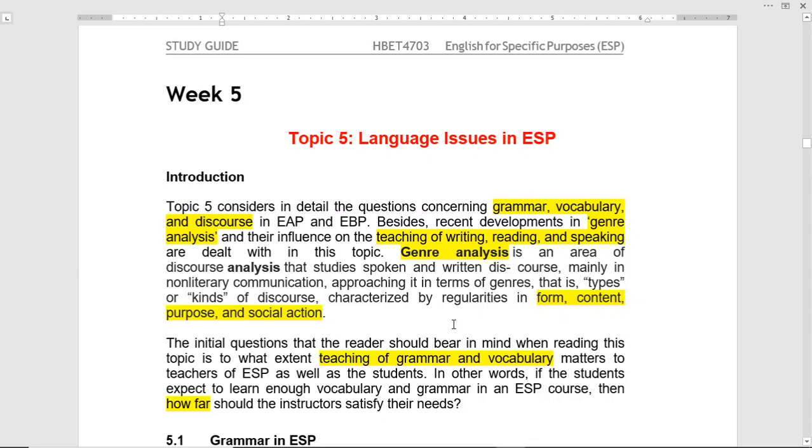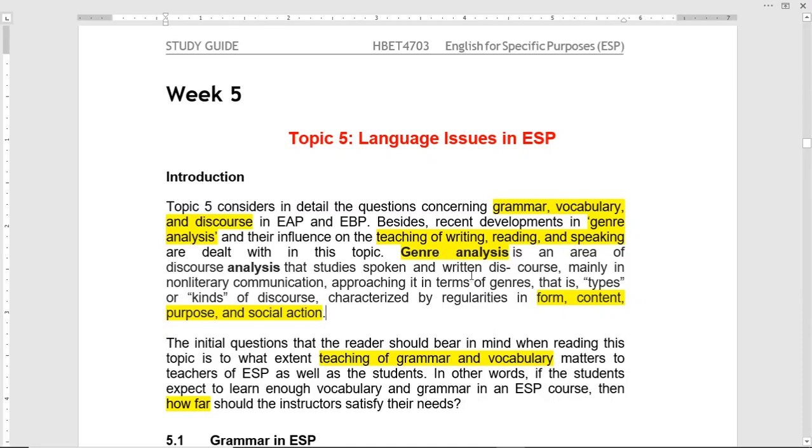Genre analysis is an area of discourse analysis that studies spoken and written discourse, mainly in non-literary communication, approaching it in terms of genre, that is, types or kinds of discourse characterized by regularities in form, content, purpose, and social action.